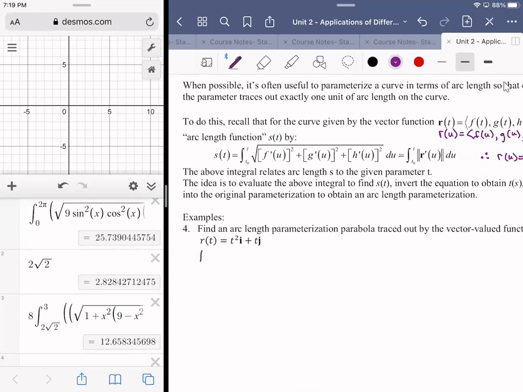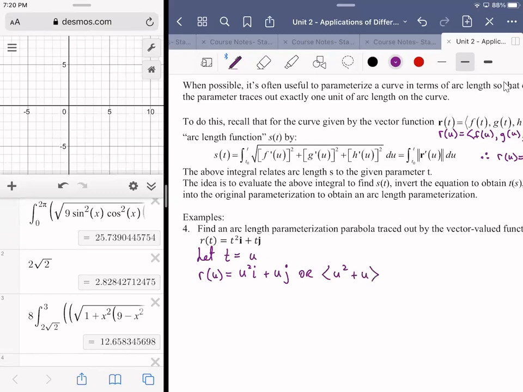So let t equal u. Then r of u is equal to t squared i plus t j, but t is u, so instead of t squared it would be u squared i plus u j, which could also be thought of in component form as u squared, u.